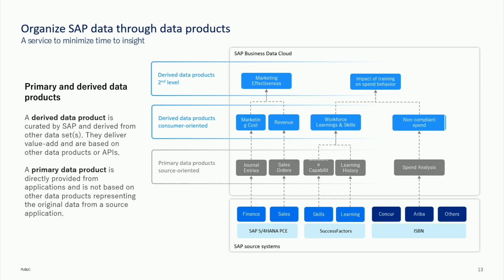For example, data that comes out of SuccessFactors and maybe Ariba to identify a correlation of maybe the impact of the training you are giving to your employees on their spend behavior in maybe the spend solution, which is Ariba here. So again, something that we can provide as additional value on top of the platform, which in other cases you would have to model and to generate in a much more manual effort.